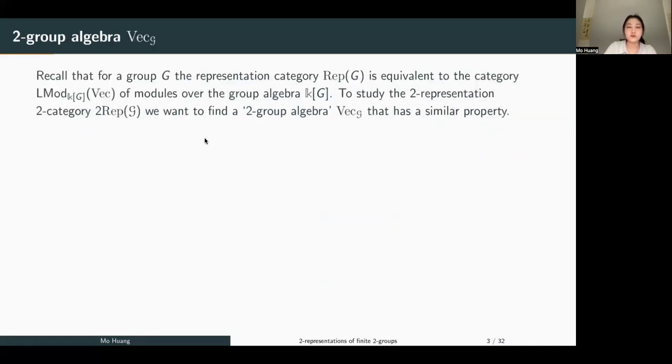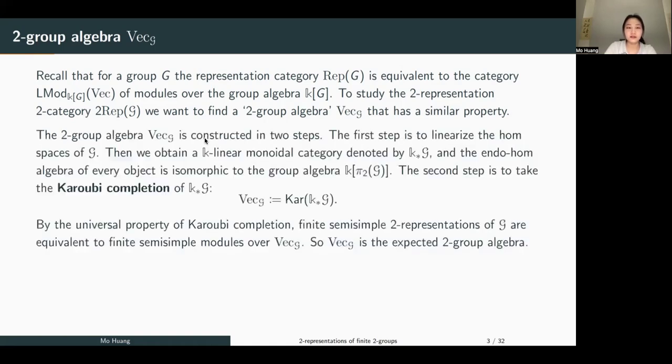Recall that for one group G, the representation category Rep G is equivalent to the category of modules over the group algebra KG. To study the two representation two-category 2Rep G, we want to find a two group algebra, which we denote by Vec G, that has similar properties. We construct the two group algebra Vec G in two steps.